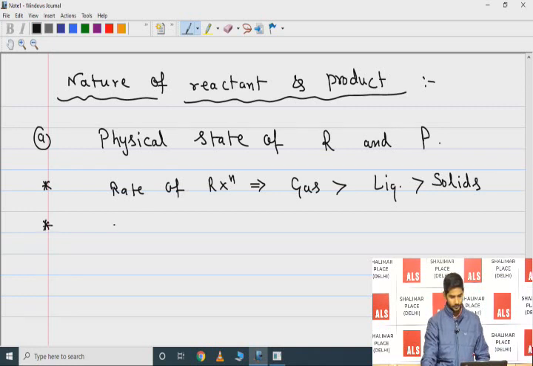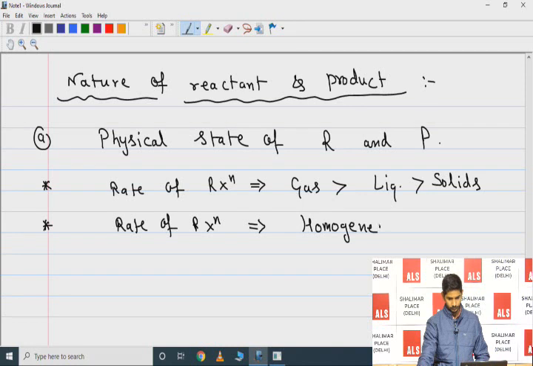Other than that, rate of reaction is much faster for homogeneous reactant and product as compared with the heterogeneous. Okay. Rate of homo is higher than the rate of hetero.